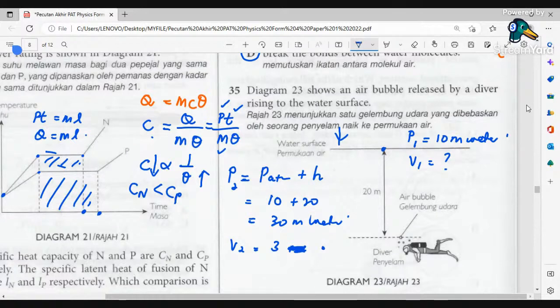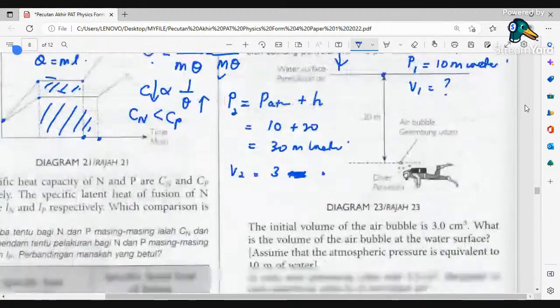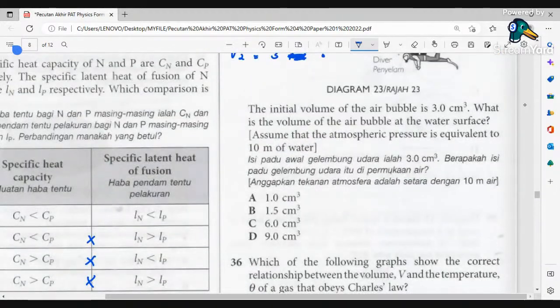Okay, now you apply the formula which is Boyle's law. P1 V1 equals P2 V2. P1 at the surface equals 10, volume V1.